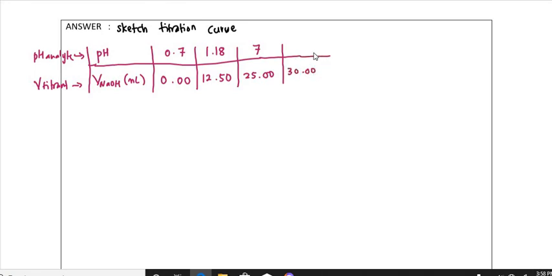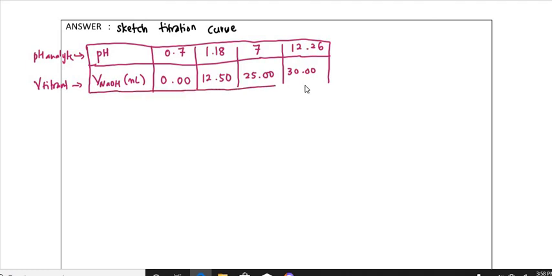The pH will become 12.26. So this is the data that you must tabulate in the table. Actually, these values come from question A, question B, question C, and question D. You have to tabulate first. This will get marks.